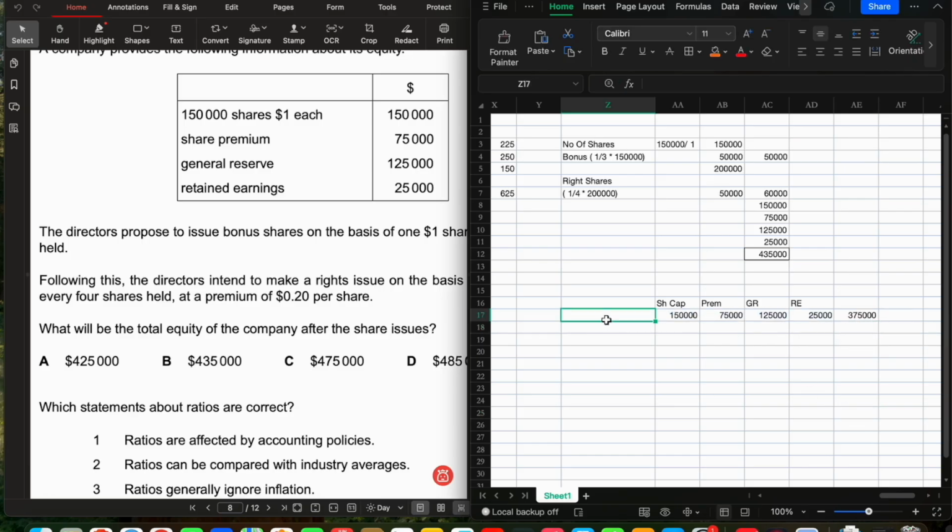This is your opening balance before we issue shares, or let's write down balance b/d. And then we issue bonus shares, worth 50,000, so we add 50,000 here. We take this 50,000 from my share premium. No effect on total.